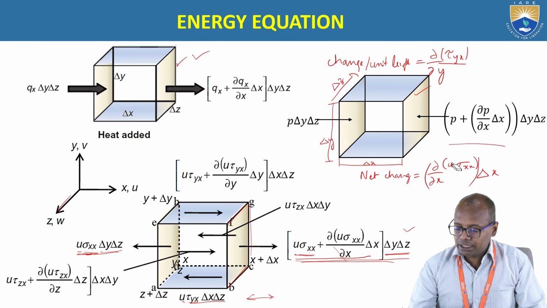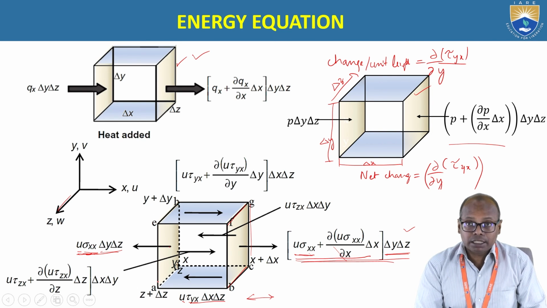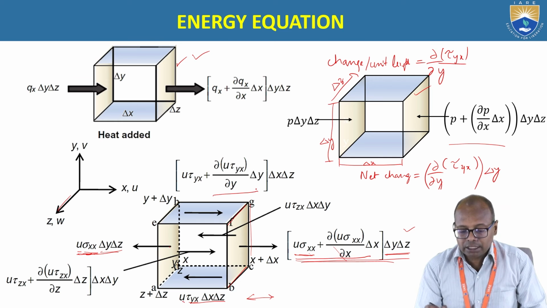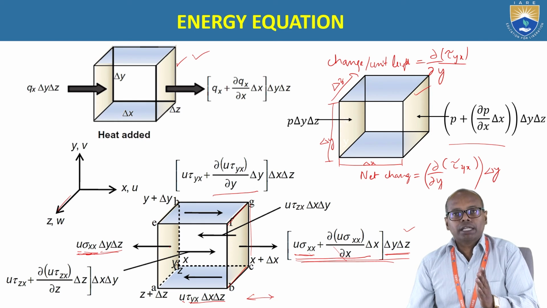So the net change, I will get the change per unit length into what is the distance in this direction, y direction. It is delta y. So this is the net change in the product of u into tau yx in y direction.